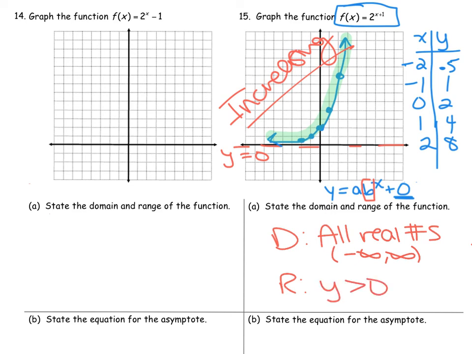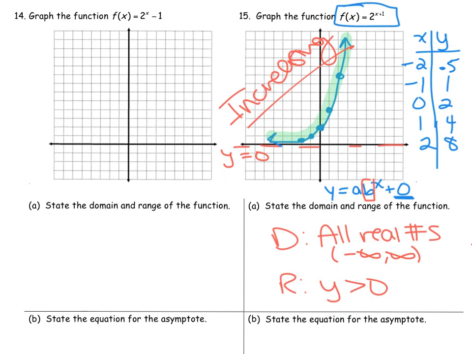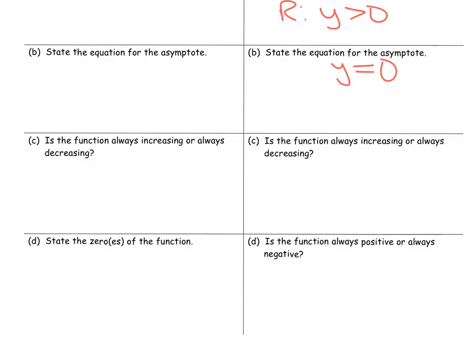Okay, now let's come up with the equation for the asymptote, which we already said. We already said the equation for the asymptote was y equals 0. Okay, we already said that this function was always increasing. So I'm just going to circle, it's always increasing because, again, remember that b value is greater than 1. It's a growth. So it's always increasing.